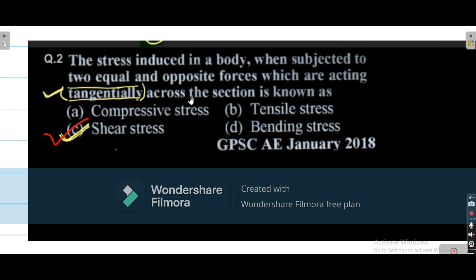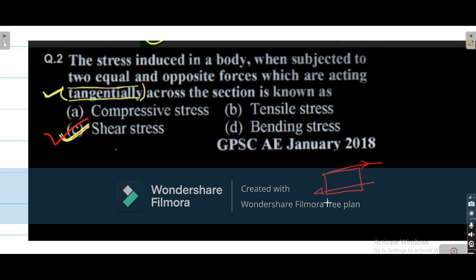The stress induced in a body when it is subjected to equal and opposite forces which are acting tangentially across the section is known as? That means, suppose this is my section and two equal and opposite forces are acting on each other tangentially across the section. One force is acting like that and another force is acting like that.